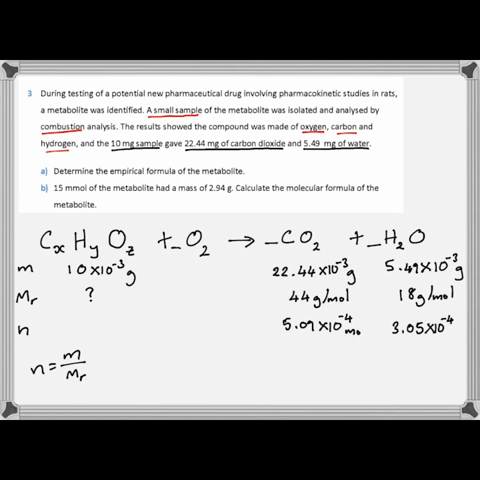So these are moles. Now that we know the number of moles of these, we can work out how many moles of carbon there must have been in our sample, and we can start to get a clearer picture of what this metabolite actually is, what its empirical formula actually is.